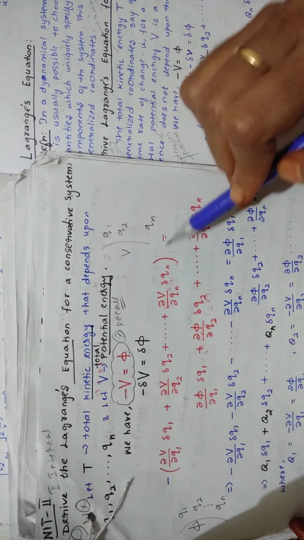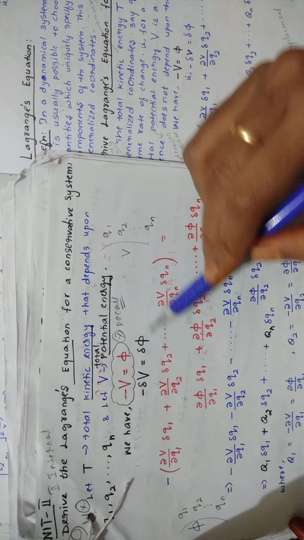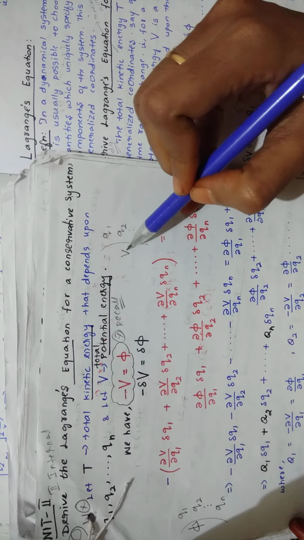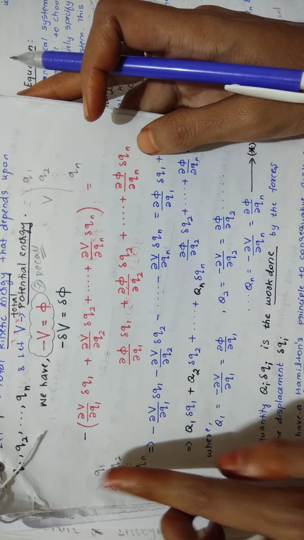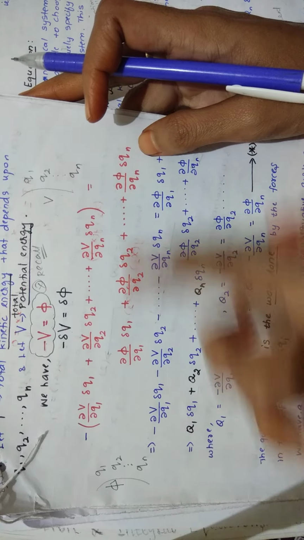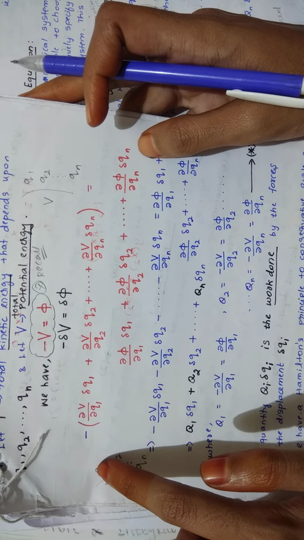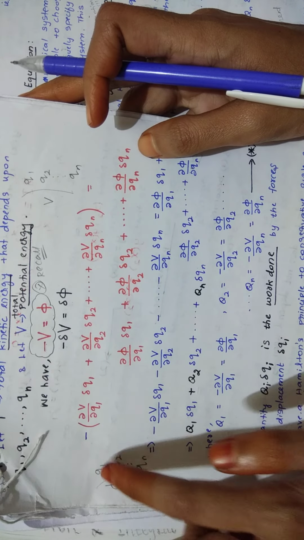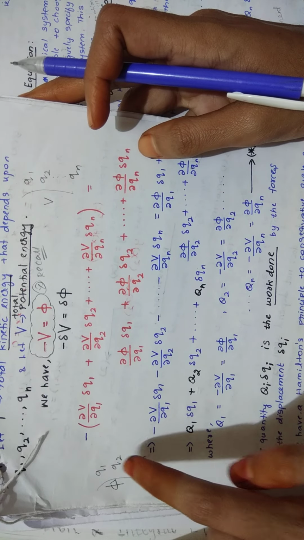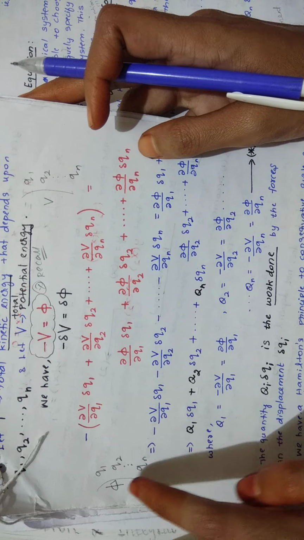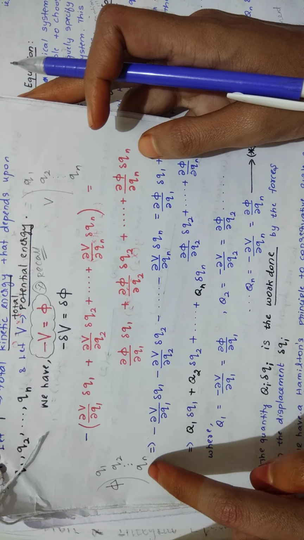Put this equal to, and in the place of V, now you are putting pi. Write the generalized coordinates, and using this you write dou pi by dou Q1 into delta Q1, dou pi by dou Q2 into delta Q2 plus etc., plus dou pi by dou Qn into delta Qn.